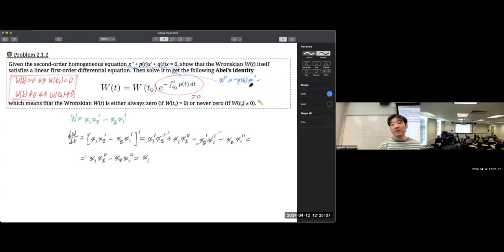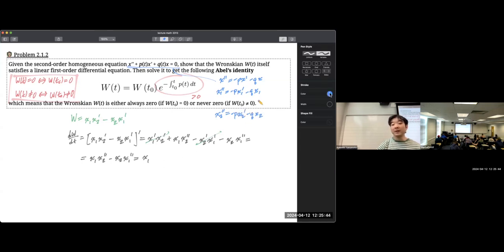I'll just drop the t's, so p x prime minus q x. The p and q are functions of t. That's just keeping the x double prime on this side. We know, though, that x1 and x2 are homogeneous solutions, so they must satisfy this equation. So x1 double prime has to equal negative p x1 prime minus q x1. And similarly, x2 double prime has to equal negative p x2 prime minus q x2.